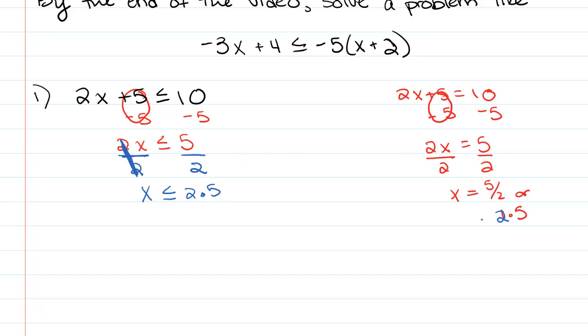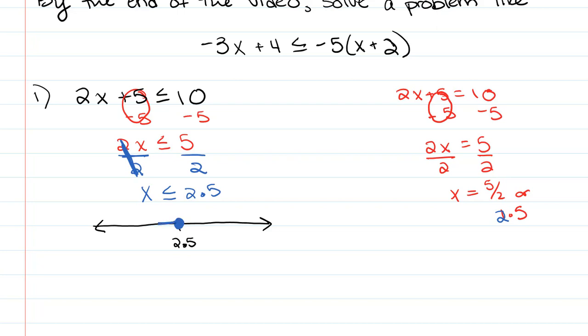And so with an equation, you only have the one answer that you can write in different ways, but just the one answer. With inequalities, we can have infinitely many answers that we show on a graph. So if I include my endpoint here, 2.5, I'm going to shade in the endpoint because x can equal 2.5.